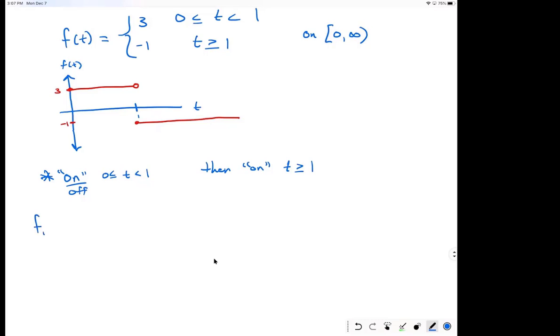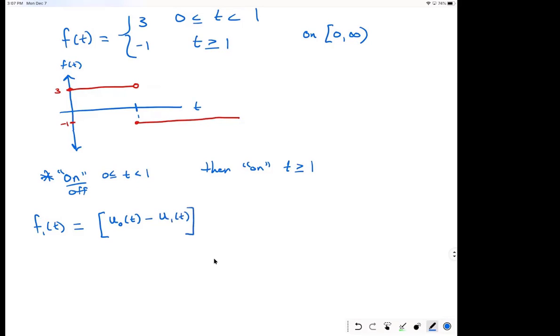So I'm going to call f sub 1 of t equal to, and I'm going to do the on-off part. So this is the u sub a of t minus u sub b of t. But in this case, it's u sub 0 of t minus u sub 1 of t.